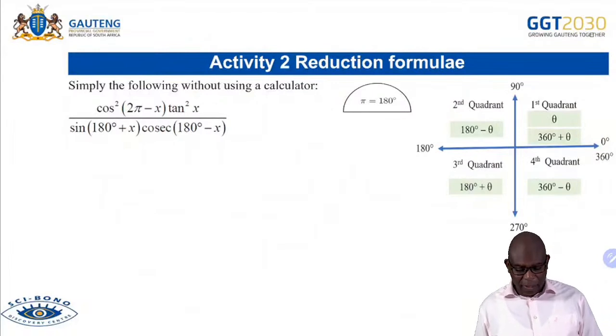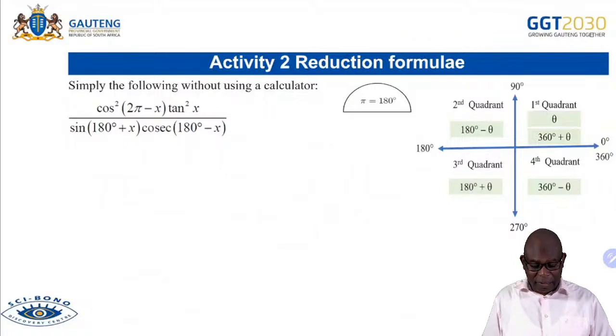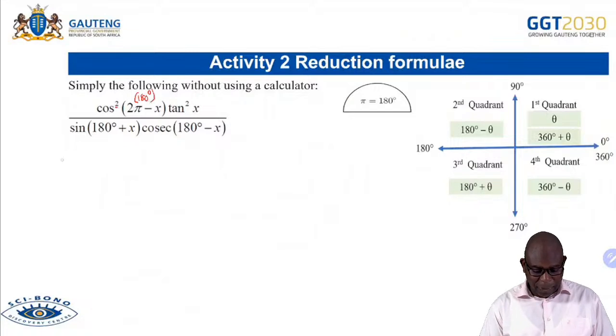Okay, welcome back, and I hope you tried this one and you find it very easy. Remember, I said with a square, the pi there is 180 degrees, so it doesn't matter what we have. As long as it's cos squared, it will always remain cos squared of x. The tan of x, I'm going to change it now to sine of x divided by the cos of x.